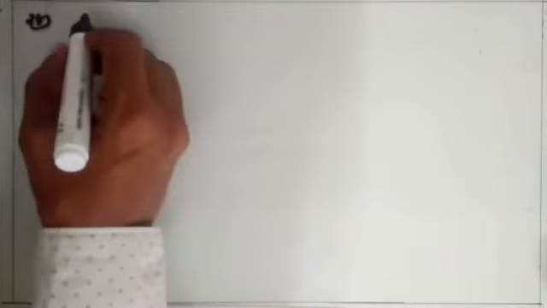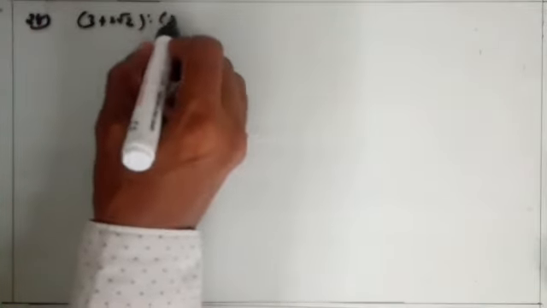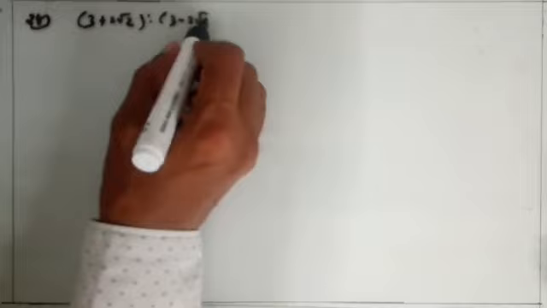The sum of two numbers is 6 times their geometric mean. Show that the numbers are in the ratio 3 plus 2 root 2 to 3 minus 2 root 2.